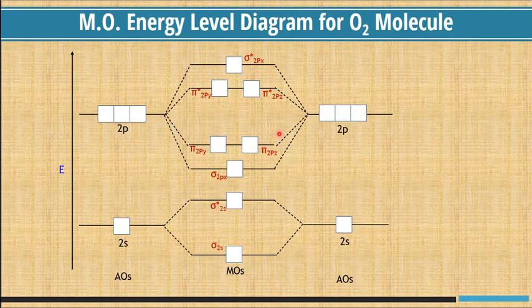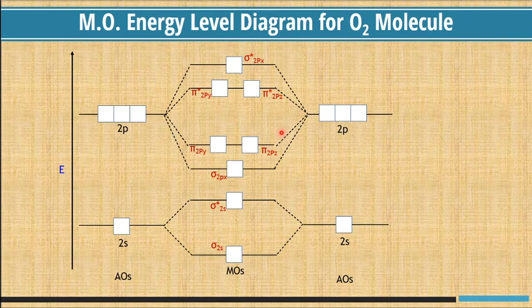Pi 2py and pi 2pz orbitals have similar or equivalent energies, so these are called degenerate orbitals. Similarly, pi star 2py and pi star 2pz molecular orbitals have equivalent energy, and therefore these are also called degenerate orbitals.